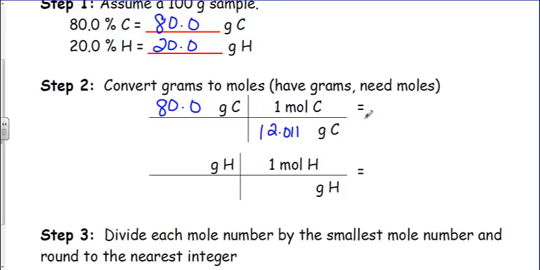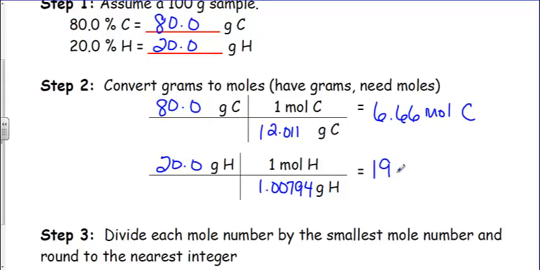When we divide this out, we get 6.66 moles of carbon. Remember, the abbreviation is mol. For hydrogen, we have 20.0 grams, and 1 mole of hydrogen is 1.00794 grams. Punch that into our calculators, we get 19.8 moles of hydrogen.